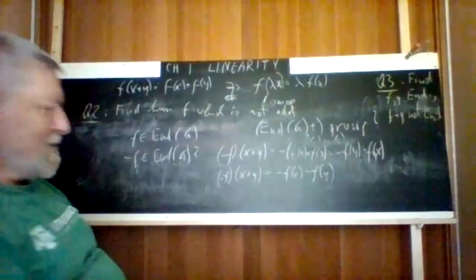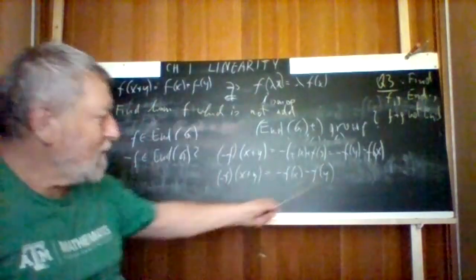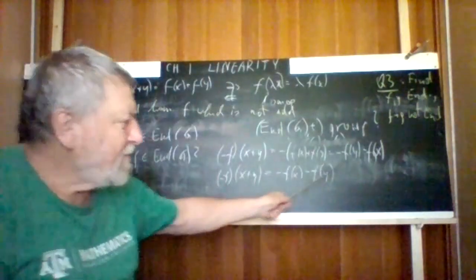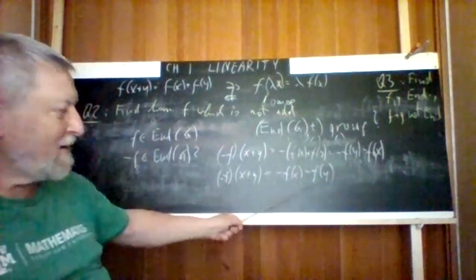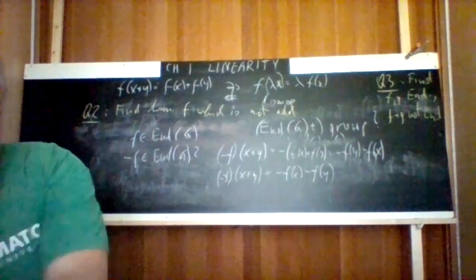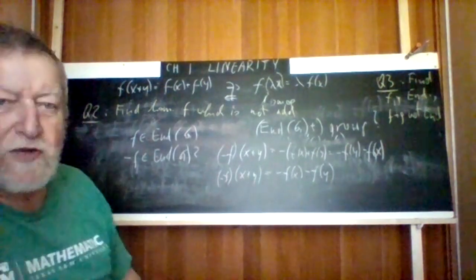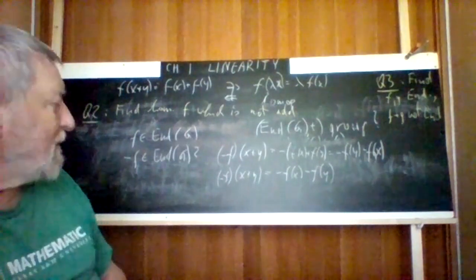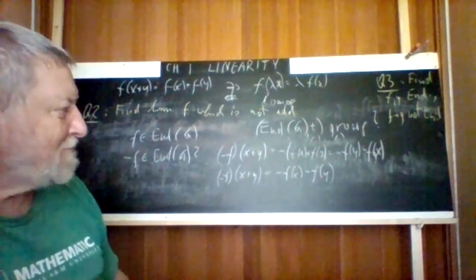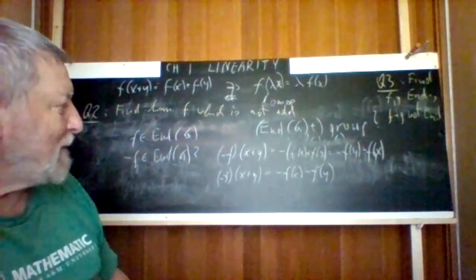And again, we see here this discrepancy with minus f of y minus f of x, and here in the other order, which means that again we would have a contradiction. Minus f is usually not an endomorphism, except if the addition happened to be abelian.